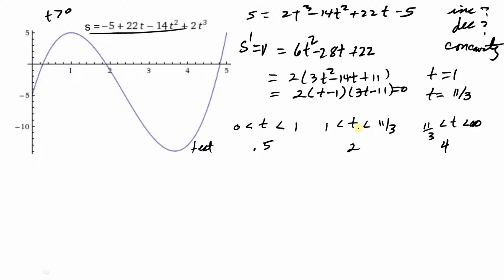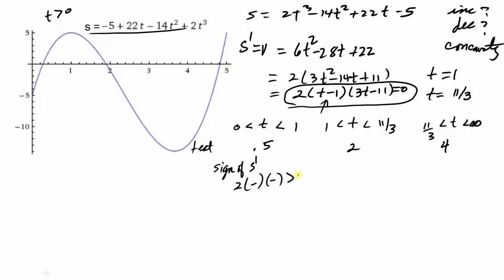And notice that the first derivative is 2 times t minus 1 times 3t minus 11, and we need to look at the sign of s prime. At 0.5, which would be 2 times a minus times a minus, which is more than 0, so it's increasing.